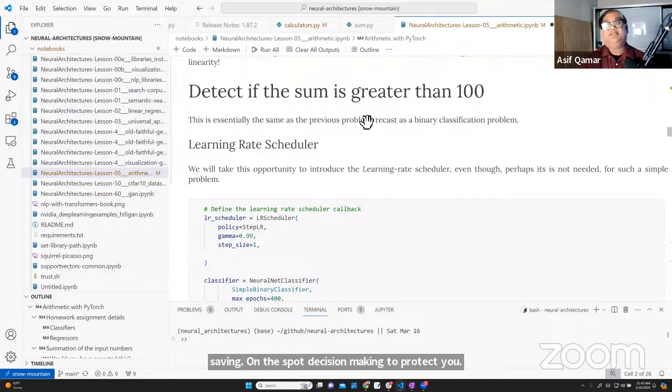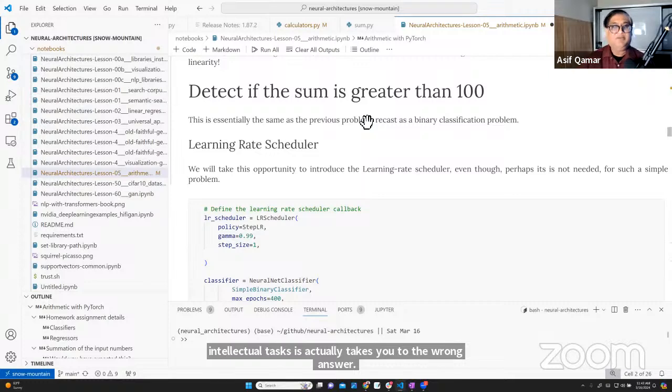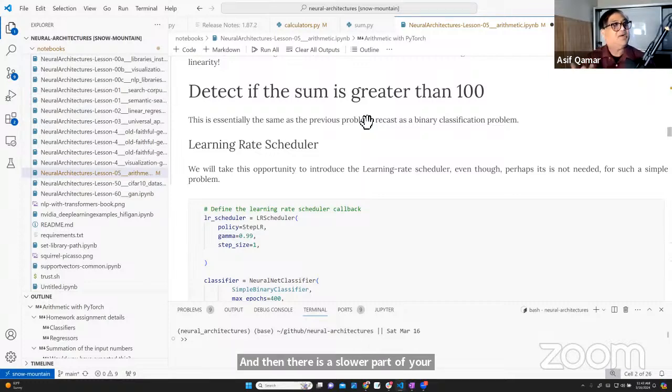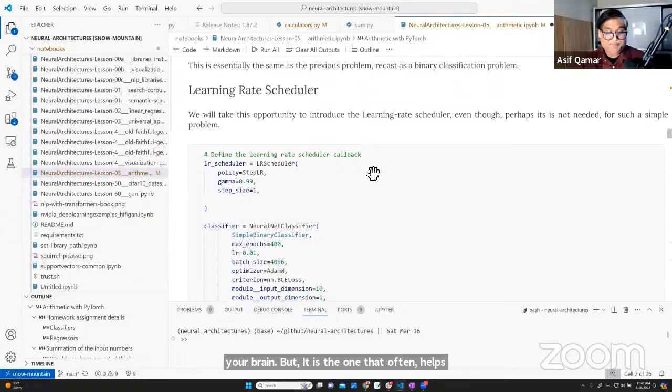Most of the time it is right, but for many intellectual tasks, it actually takes you to the wrong answer. And then there is a slower part of your brain that evaluates, that reasons. That's not the part of the brain that you use when you see a tiger. You run away from it, you use the fast part of your brain. But it is the slow part that often helps you create elegant solutions.